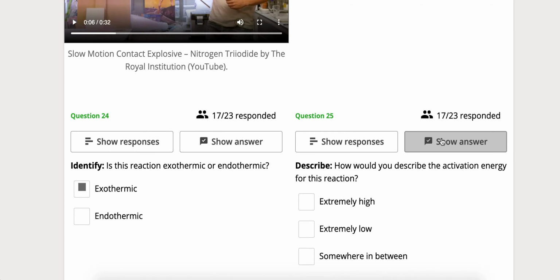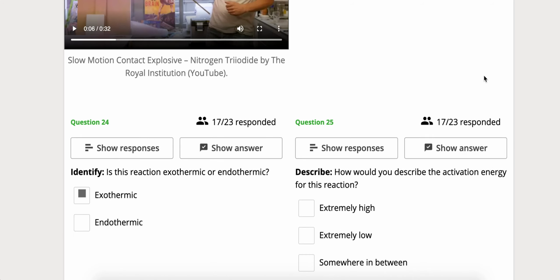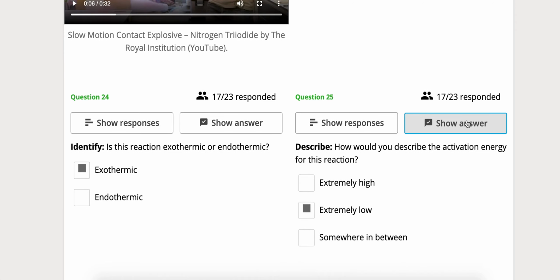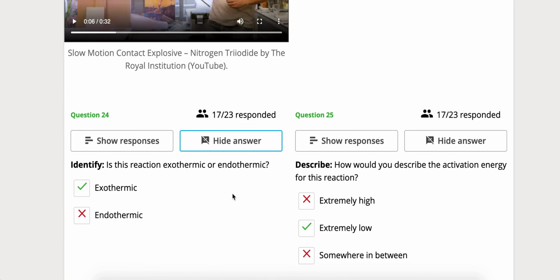We could say the amount of energy required to start this reaction was very low. It's extremely low because with the smallest touch, that reaction took place. Just the smallest touch, which is a small amount of kinetic energy, so moving energy, is enough to start this reaction.